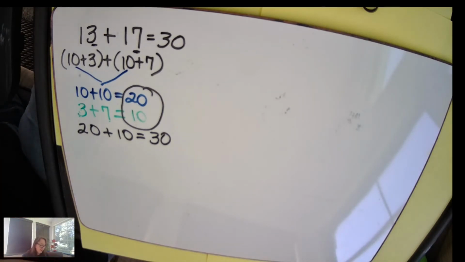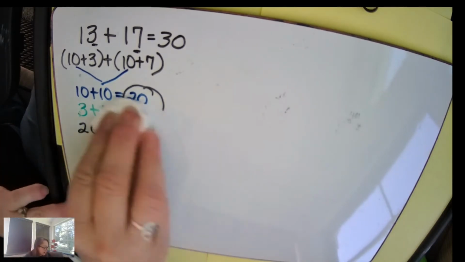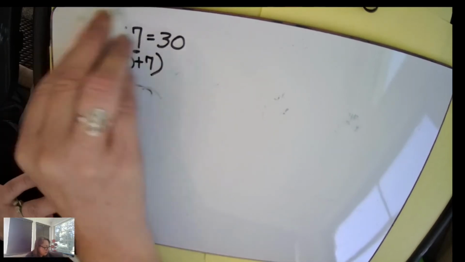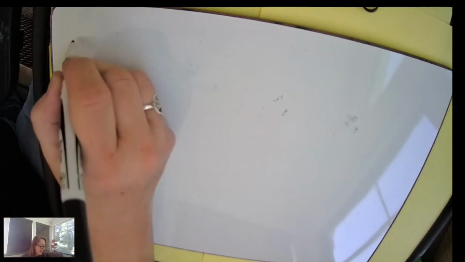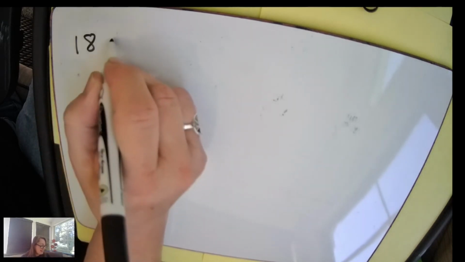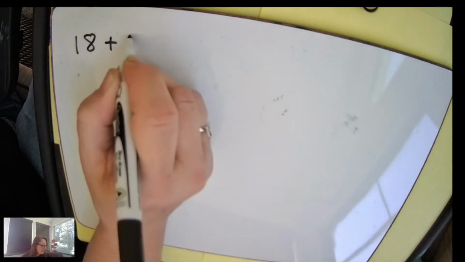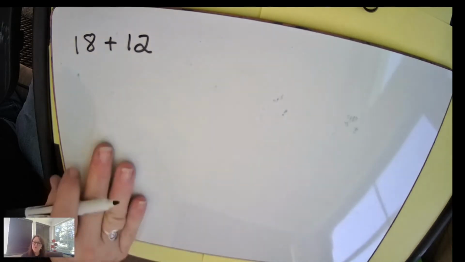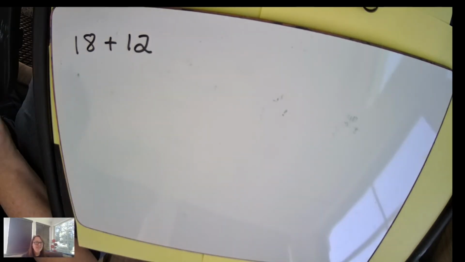Let's continue with this challenge of decomposing and regrouping and do this next problem. The next one is 18 plus 12. Sarah says she thinks the answer to 18 plus 12 is 30.